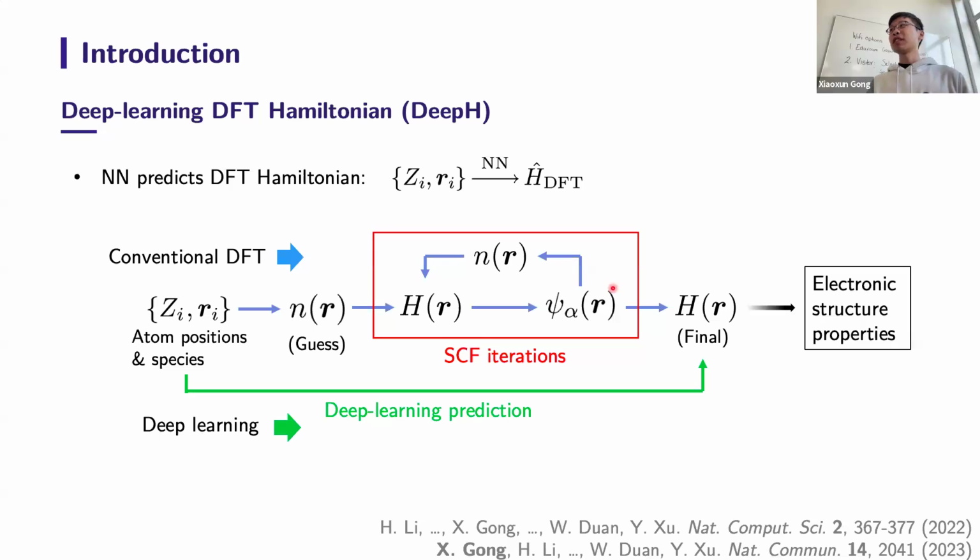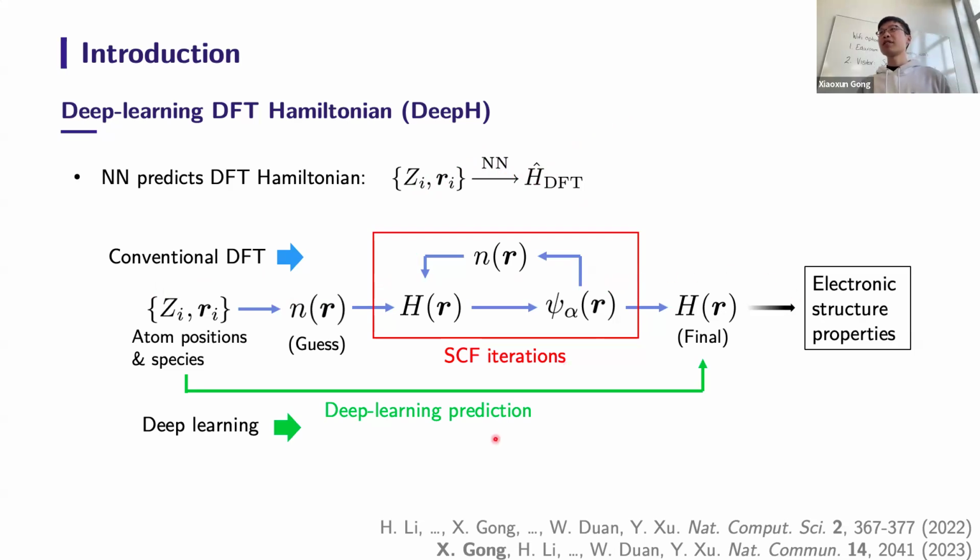In our work on deep learning Hamiltonians, what we are thinking about is exactly like the deep potential method. We start from the atomic structures of the material, but we use our neural network to predict the density functional theory Hamiltonian instead of the total energy. In conventional density functional theory, we have to go through all of these steps until we reach the final electronic structure properties.